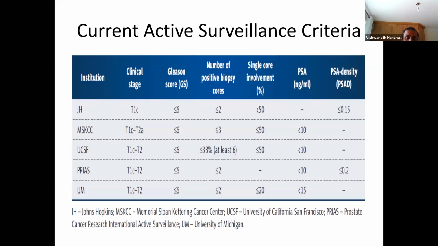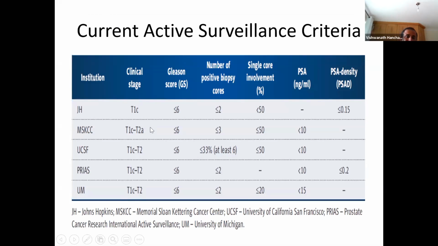What are the current active surveillance criteria? It has evolved quite a lot over many years, but I think most of the criteria are more or less unchanged, except for a few additions at the end. If you look at the main parameters, including the clinical T stage, generally it is agreed that it is T1c to T2.